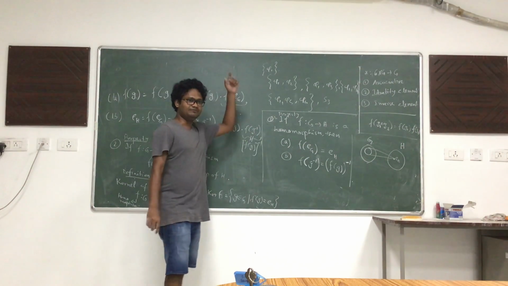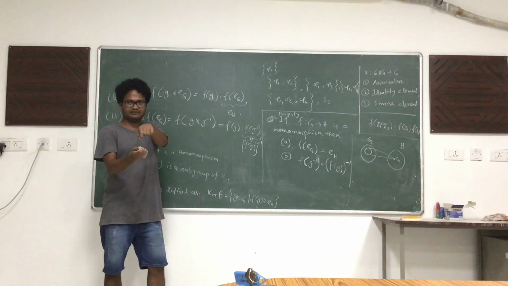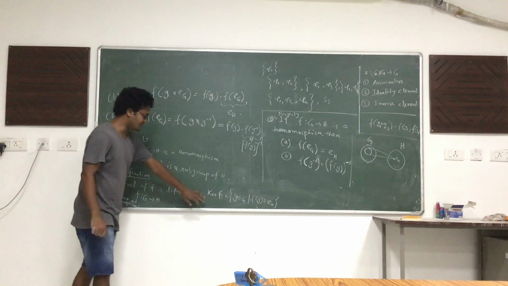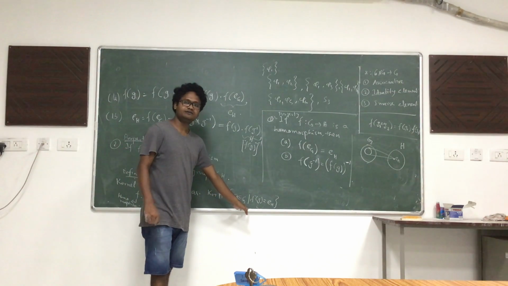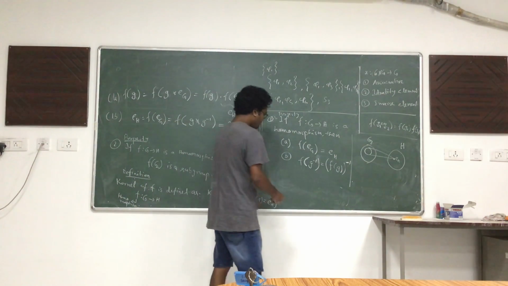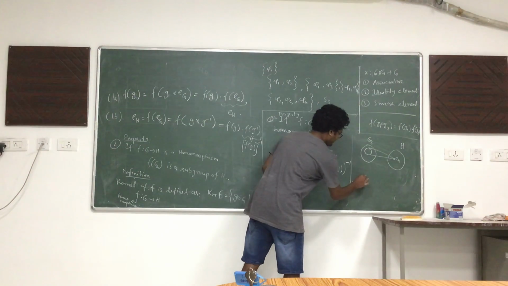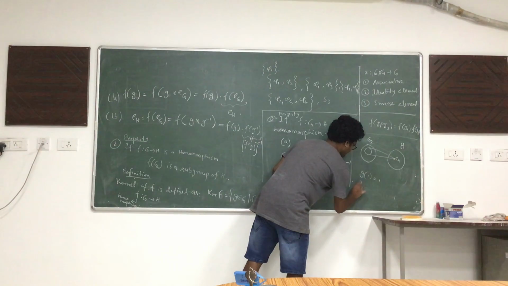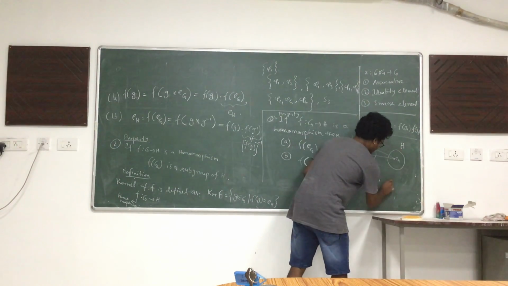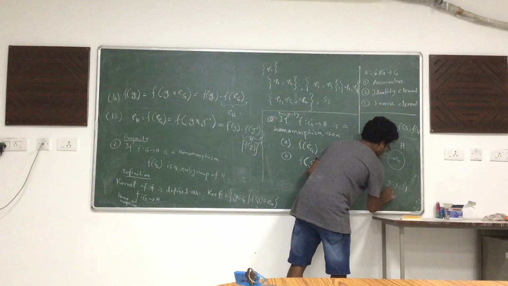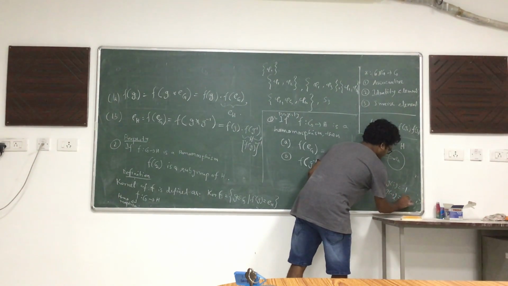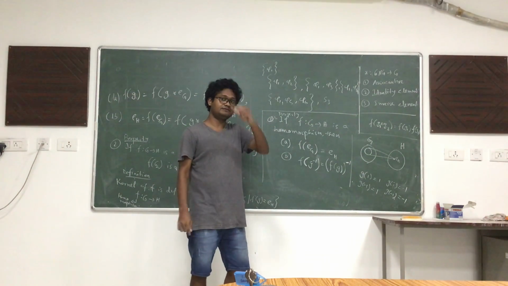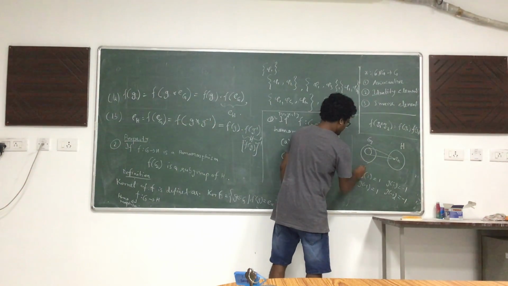So for the first example, in which we send all the elements to the identity element, the kernel of the function is basically the whole group itself. The last example where we defined G of 1 is identity, G of minus 1 is identity, and G of i is minus 1, G of minus 1 is minus 1.